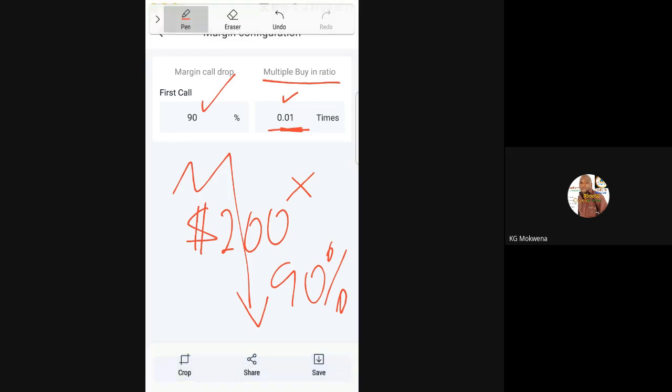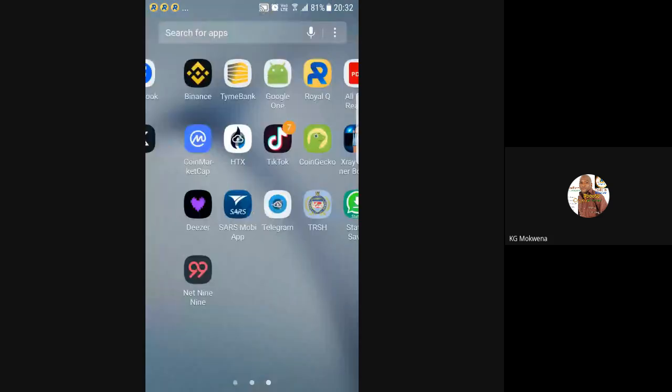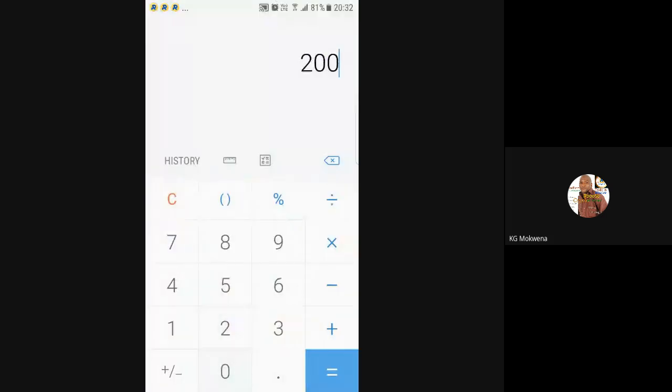But anyway, I will just stop margin calls. So this will not be taken. So if we go to our calculator on the phone, look at this. I take $200 multiplied by 0.01. Can you say it's only $2? And the bot is able to place that. Can you believe it? So it means now I'm not going to find myself placing $200 again had I put one there.